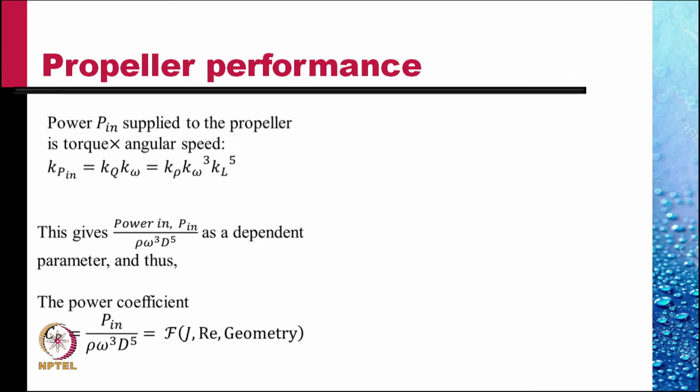This gives input power divided by rho omega cubed d^5 as a dependent parameter, and is called the power coefficient CP as P in divided by rho omega cubed d^5.